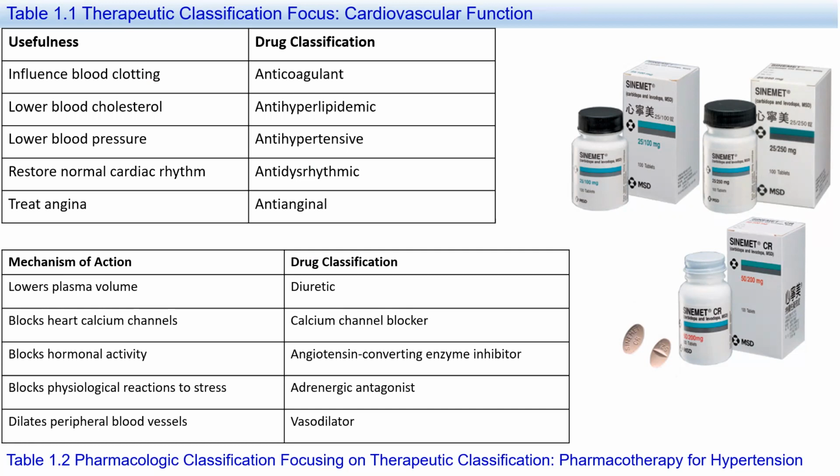Drug classification as anti-hyperlipidemic drug, usefulness is to lower blood cholesterol or lipids, and so forth. Antihypertensive to lower the blood pressure, antidysrhythmic to control or restore normal cardiac rhythm, anti-anginal to treat angina.